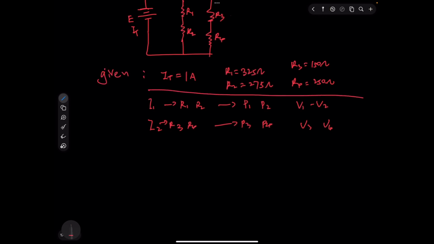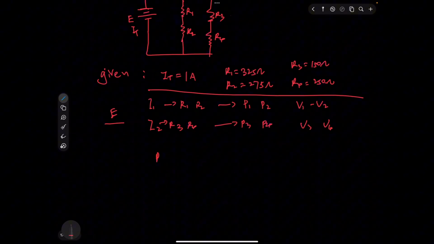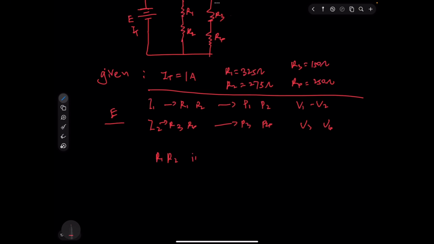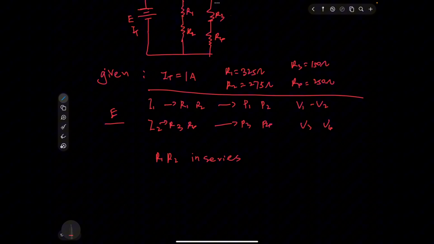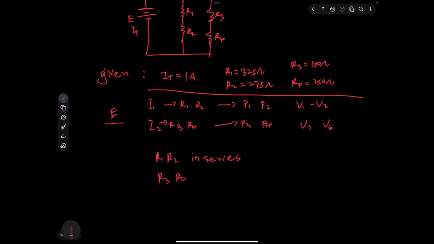By looking at this, in order to find E, we need to get RT first. In the circuit, R1 and R2 are in series, R3 and R4 are in series. Then they are in parallel.